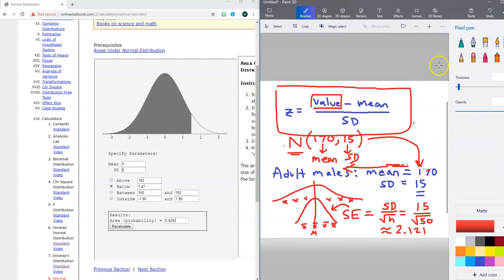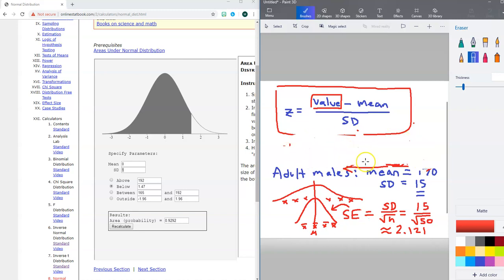So now if you got a question that said calculate the z-score of the, what did I have, 192, I think. So if I got a question where I had to calculate the z-score of 192, but assume that that was the mean of an entire sample, not just an individual person's weight, then to get the z-score for that, I would do 192 minus 170, but I would use this standard error for the denominator.